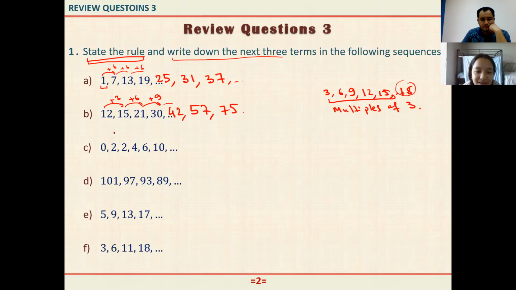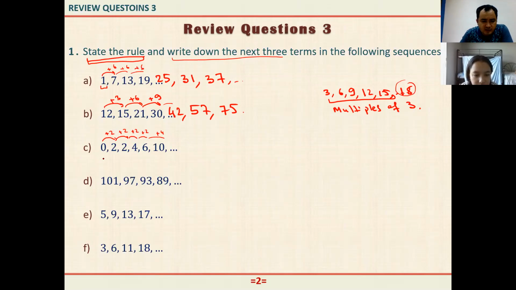Let's see. It's like the same one we did last time, just that I can't remember. Yeah, let's check it out. Let's see what are the differences here. Here, the difference is plus 2. Here also plus 2. Here also plus 2. And here we have plus 4.